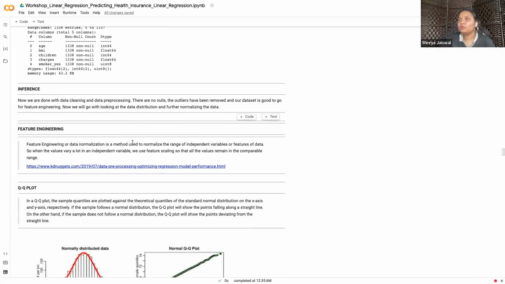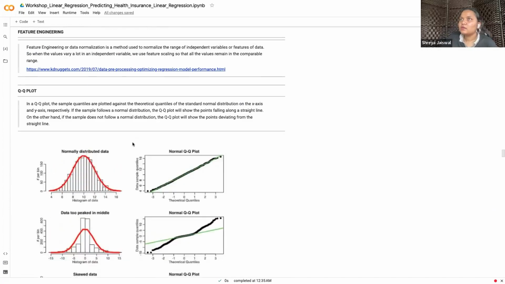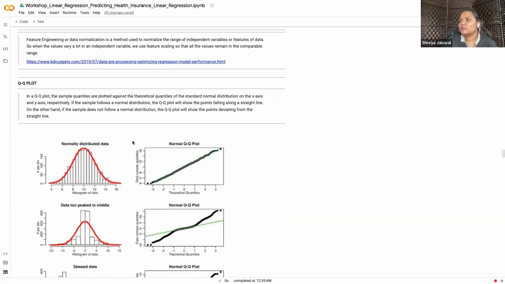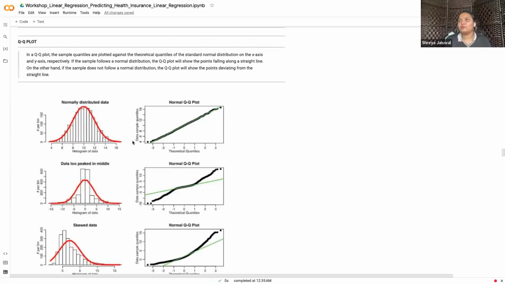Moving on to the feature engineering part. The QQ-plot is very extensively used. Just to make you understand, initially even I used to be very confused about what exactly the QQ-plot tells us. Why do we need to have the data normally distributed? And if the data is normally distributed, how do we expect the QQ-plot to be visualized?